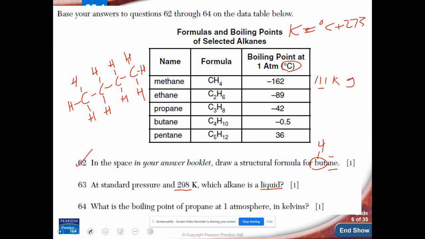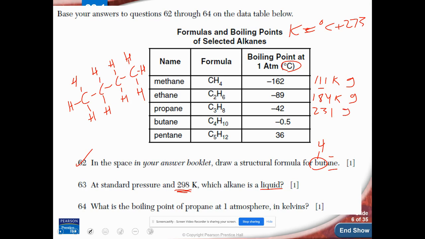Then we have negative 89 plus 273, so this is 184 Kelvin. 298 is way above the boiling point of ethane, so this will also be a gas. Propane is negative 42 Celsius plus 273, so this is going to be 231, which again is below 298. So propane will be a gas.